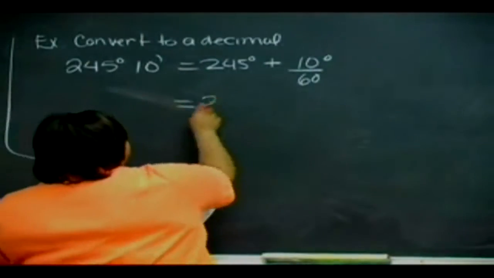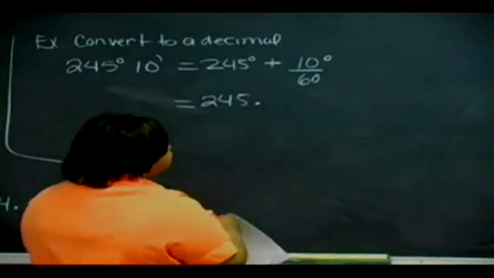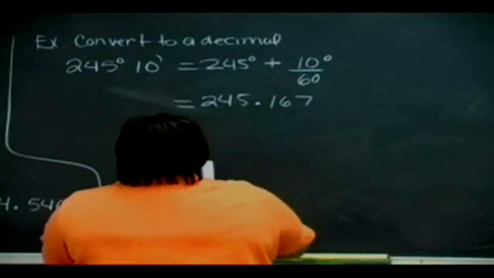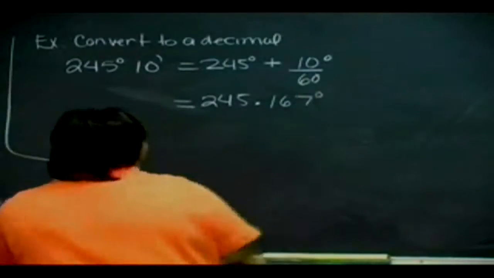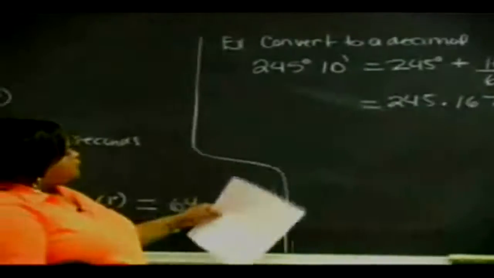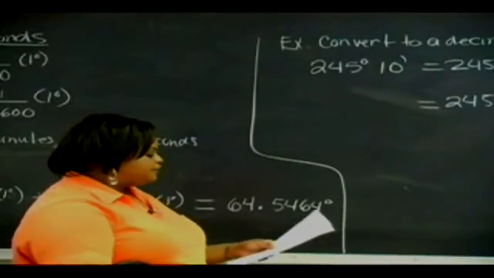What this should get us, with the 245 telling us what goes before the decimal, is 245.167 degrees. We need to make sure that we put our degree symbol there, because what happens if we don't have a degree symbol? We are assuming radians. Remember, if you don't have that degree symbol and you just have a number, it is assumed to be radians.